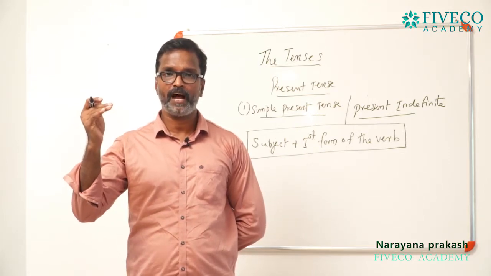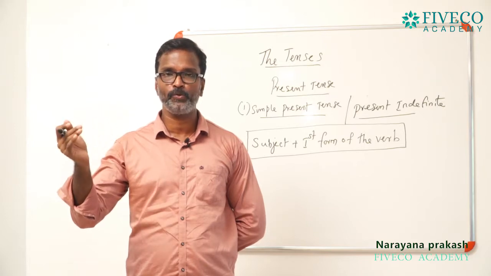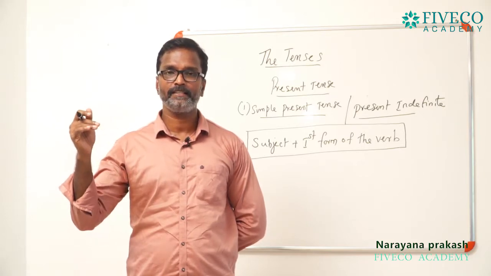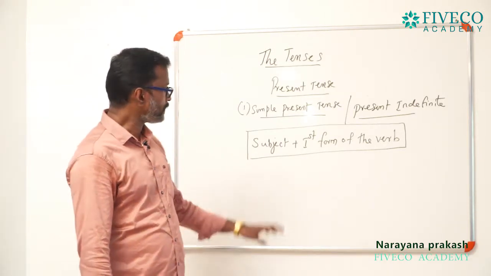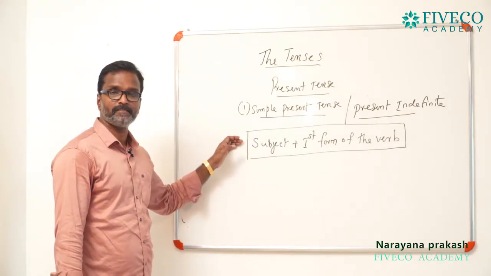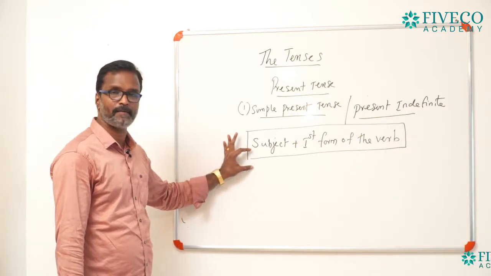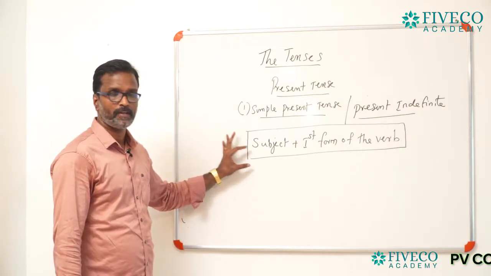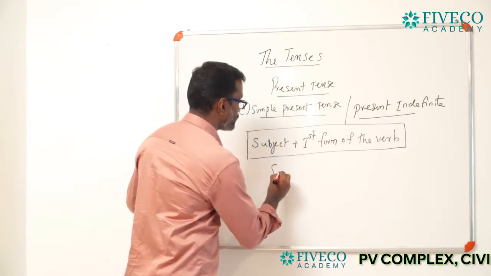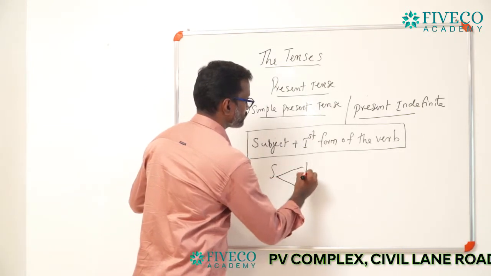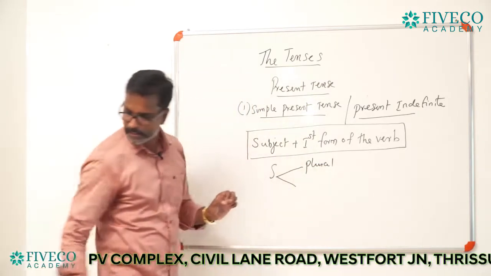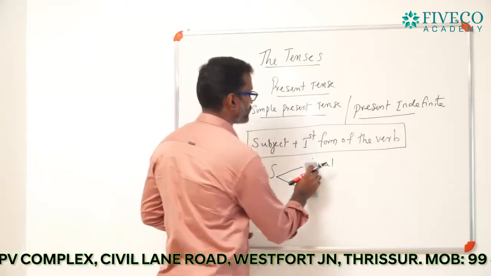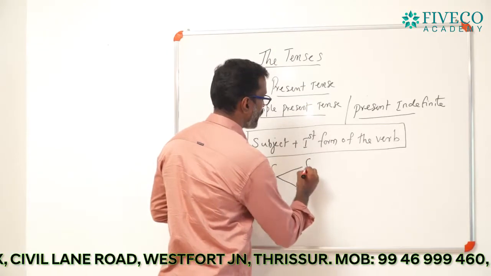First person means I, we, second person you, and third person they, he, she, it, etc. And you will be more confused. So, we can divide the subject into 2, I mean singular subject and plural subject. Singular and plural.